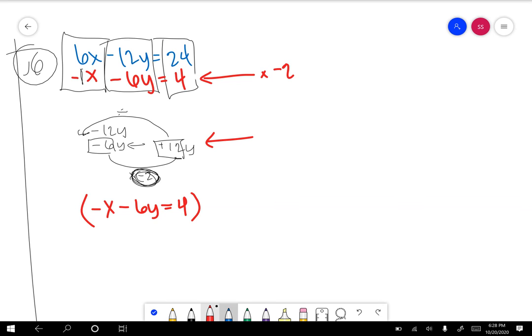So there are ways to shorten this and not take up so much space. I'm just making sure I do it in baby steps so we're not losing anyone. Okay, so we are going to, let's do yellow. We're going to multiply that entire equation by negative 2.